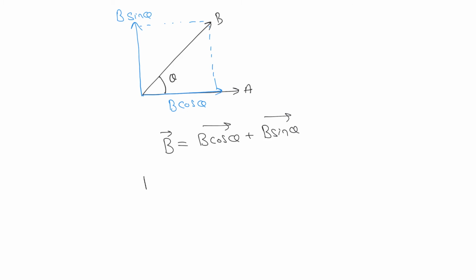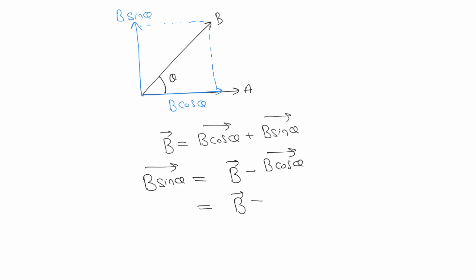Our aim is to find out this B sin theta vector, and in vector form. So B sin theta vector is equal to B vector minus B cos theta vector. You can observe that this B cos theta vector is the component of B along the direction of A vector, which we already discussed, and we know how to find its value.